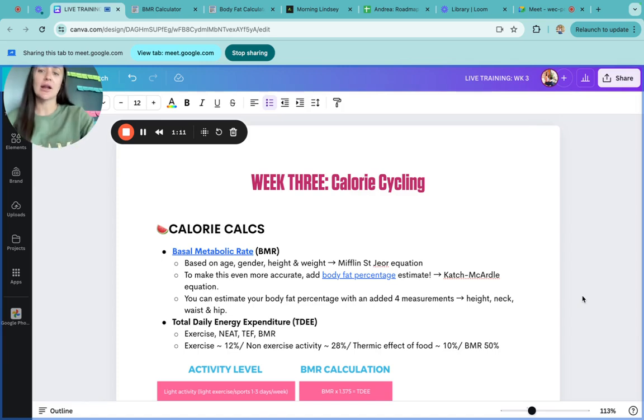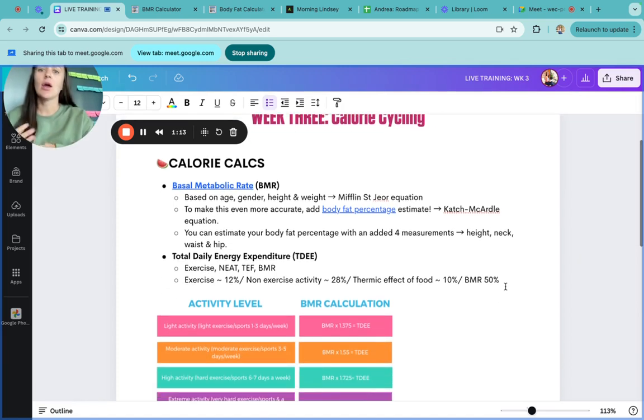So, let's start out with just understanding what are the calorie calculations that we need to understand, okay? I think one of the biggest mistakes in fitness and in wanting to be leaner or wanting to lose weight is just not understanding where the energy goes in your body and how your body burns those calories and what you need to be eating to satisfy your personal calorie needs.